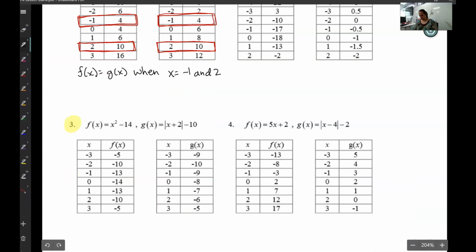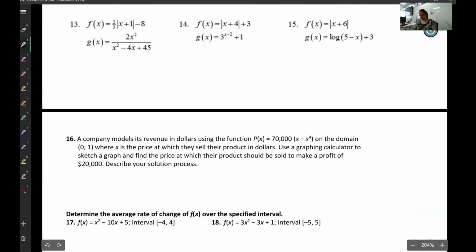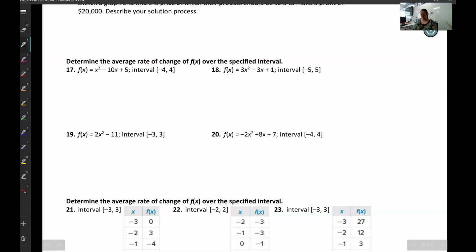So if you go in your homework, past the equations page right here, you're going to find these ones. 18 and 19 are homework, and we're going to do 17 just so you see one more example of this. So I plug my interval in. So my first one is negative 4. So I get negative 4 squared minus 10 times negative 4 plus 5.